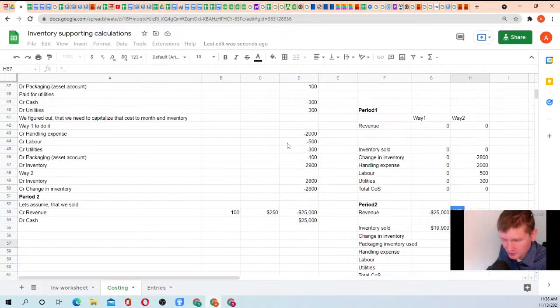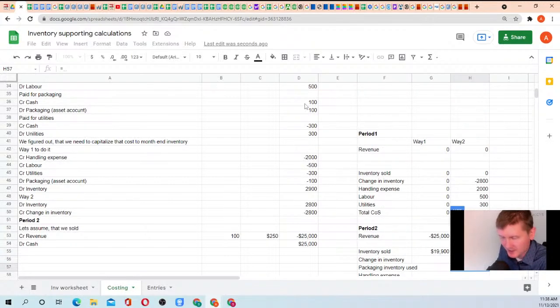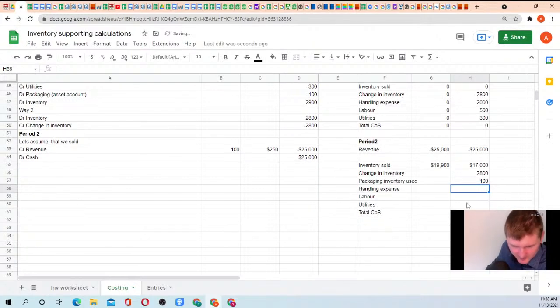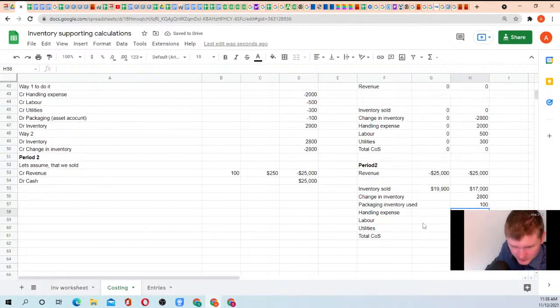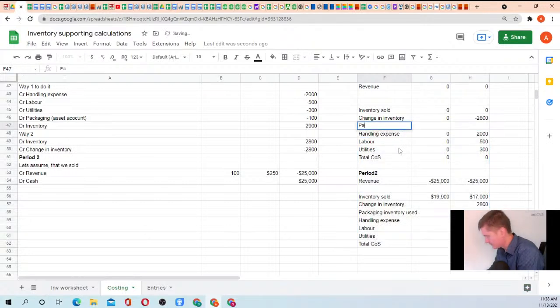When we actually sold, we recognize the cost of sale based on the matching principle and accrual basis. We recognize that packaging cost. Let me just write here. Let me call it cost of packaging used in sales.